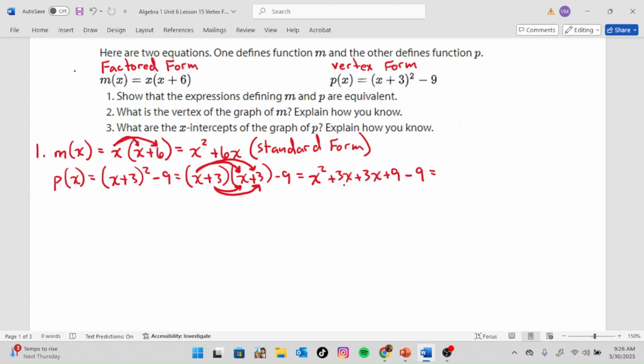Well, you can combine the x terms, and you can combine the constants. So you have x squared, 3x plus 3x is 6x, and 9 minus 9 is 0. So now we're in standard form.